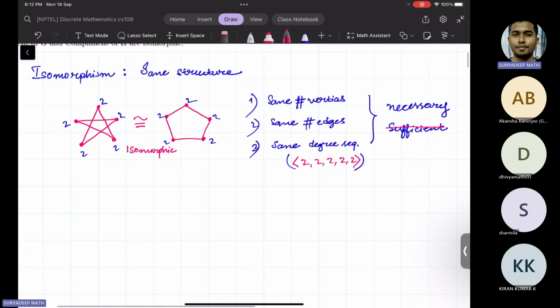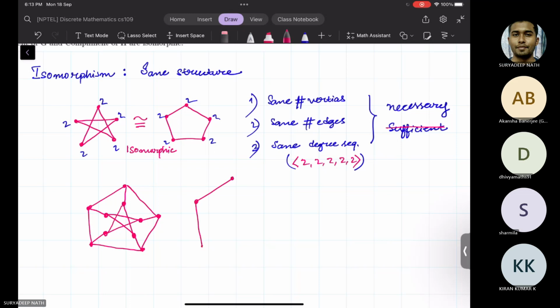I can give you a counter example like this. Like I said, this star and pentagon are isomorphic, but if you put them inside another big pentagon, so you have one, two, three, four, five. So if you take this and you take this, what do you think?